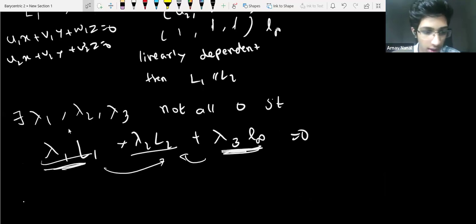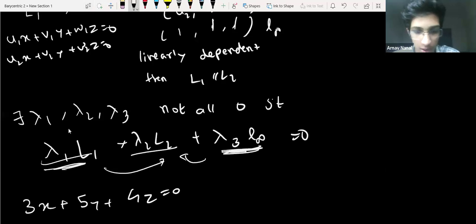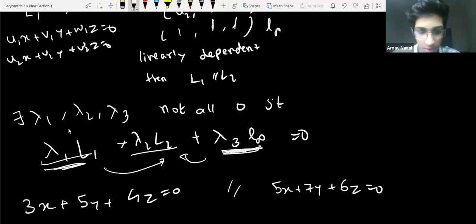I'll give an example. If you have 3x plus 5y plus 4z equal to 0, then this line will be parallel to 5x plus 7y plus 6z equal to 0.